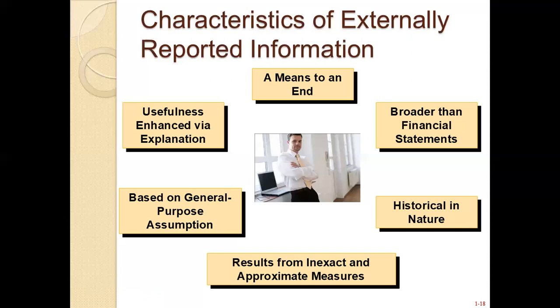The annual report is a means to an end, again, and it is broader than the financial statement, not a simple statement, and it is historical in nature. Yes, it is history. For example, if 2022 is going to be closed in July, then July 2021 to 2022 is a historical report that you make.